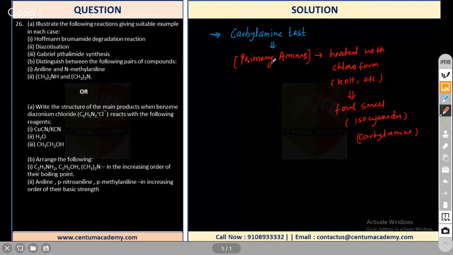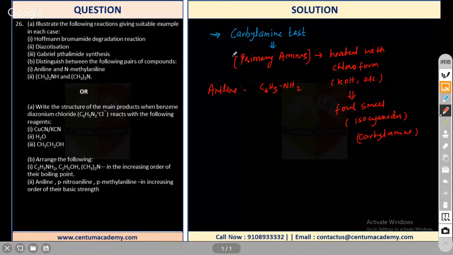But in case of aniline, what happens? Aniline is C6H5NH2. It is an aromatic primary amine, so this gives the carbylamine test, right?